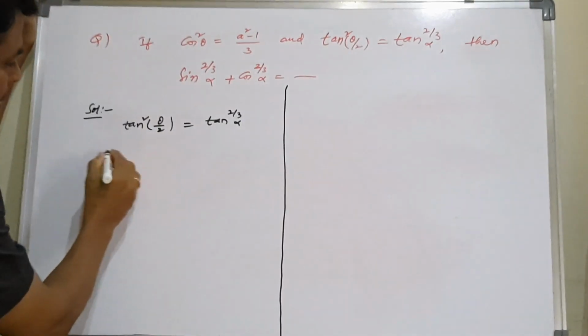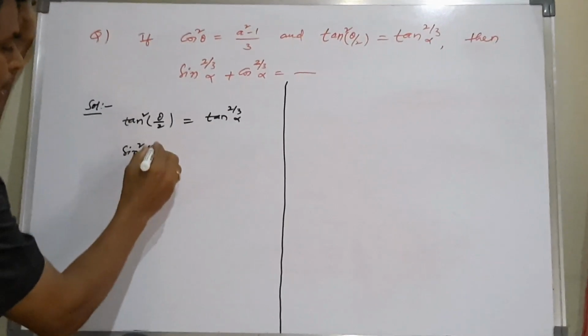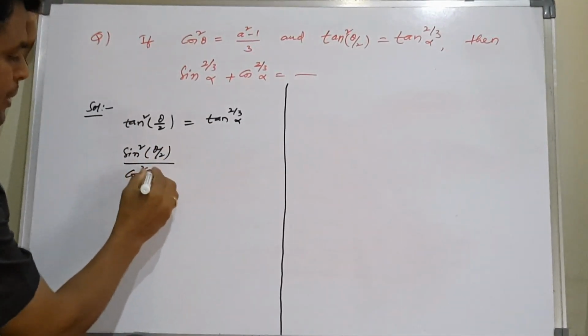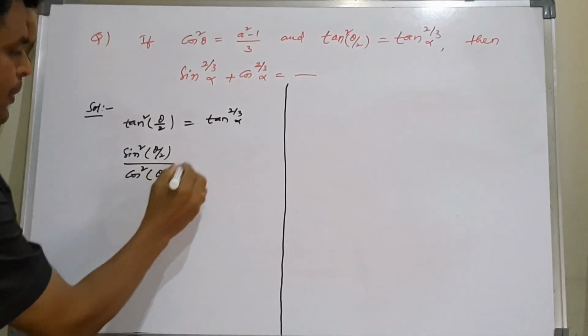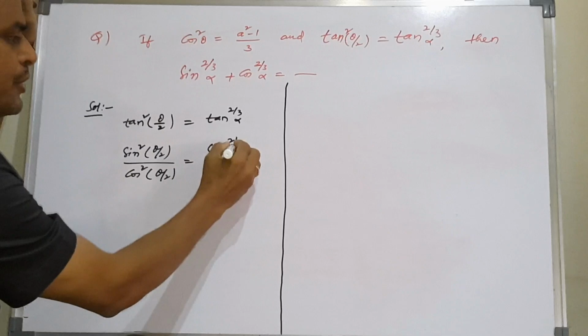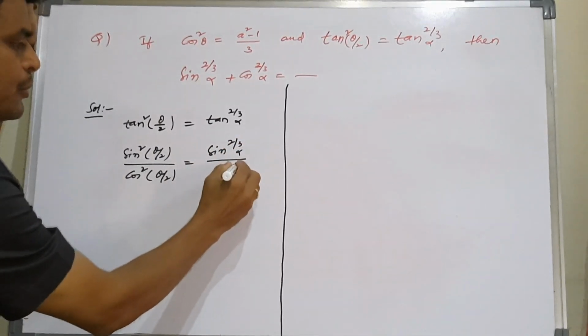We can write that sin square theta by 2 by cos square theta by 2 is equal to sin power 2 by 3 alpha by cos power 2 by 3 alpha.